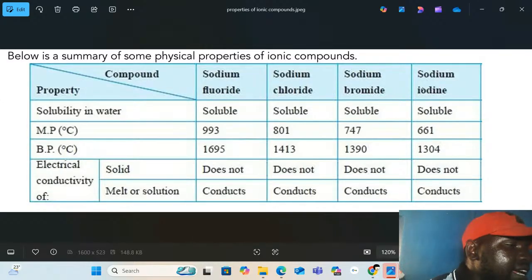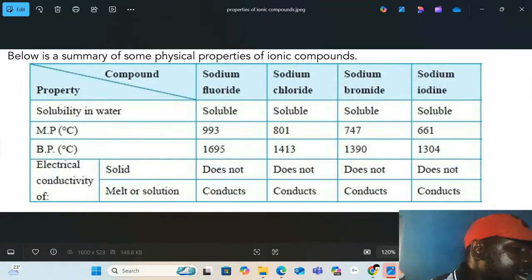Solubility in water: you can see across all of them, they are soluble. The melting point and the boiling point are generally high. For electrical conductivity, in the solid state all of them do not conduct electrical current.